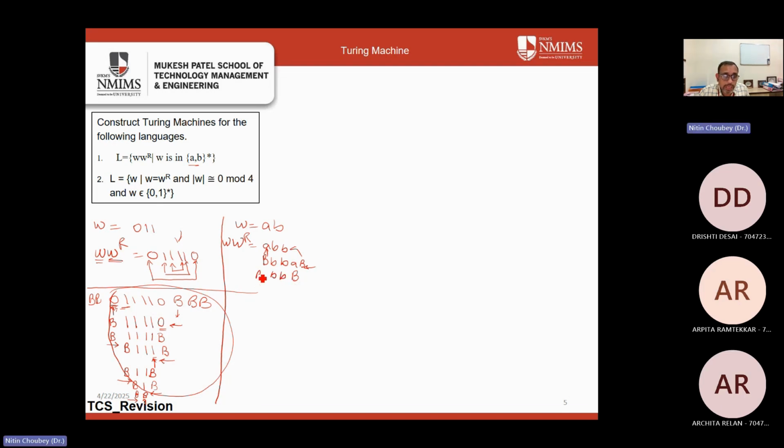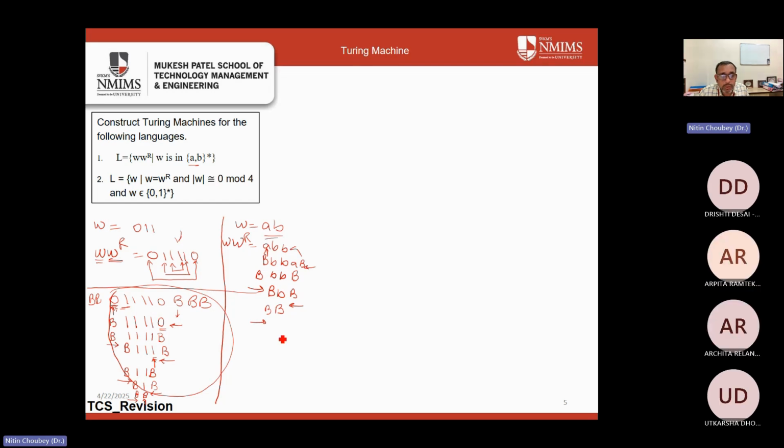The process will continue: blank, B, blank, turn the direction, blank. Since here your AB is over, your BA is also over. Ultimately, when you are getting blank in the place of either A or B, we'll say that our input was of the pattern WWR.